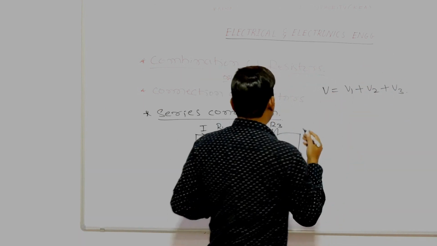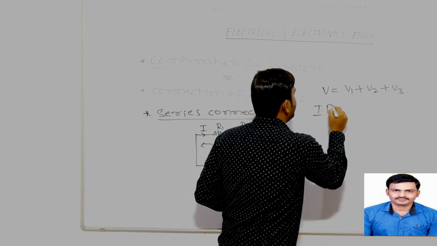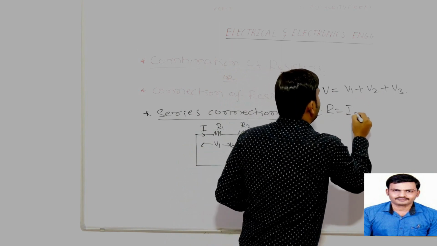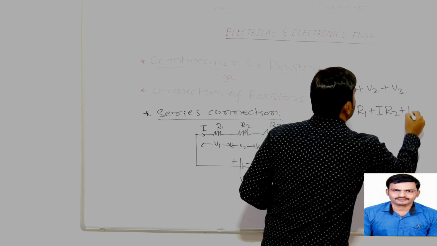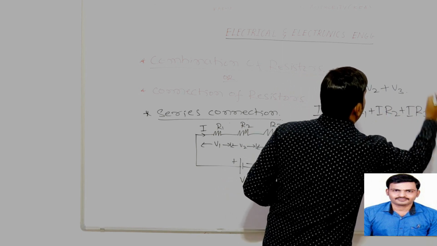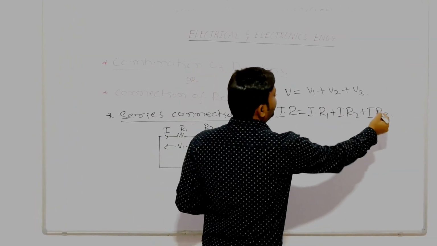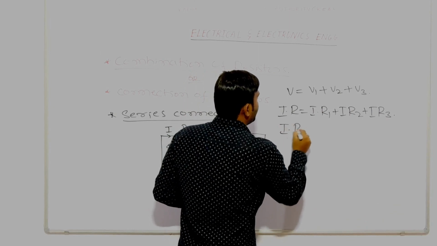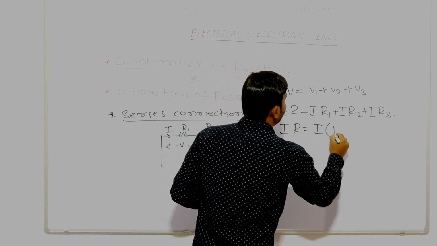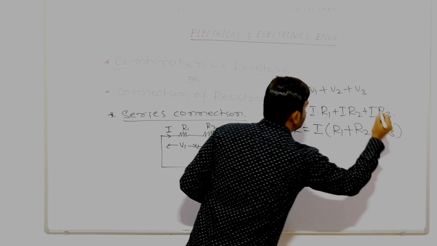We know, according to Ohm's law, V is equal to I into R. We can write I into R is equal to I into R1 plus I into R2 plus I into R3. Now we can take I common on the right hand side of this equation. I into R is equal to I of R1 plus R2 plus R3.